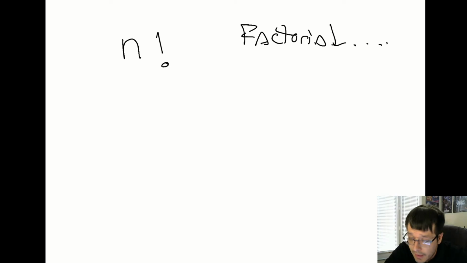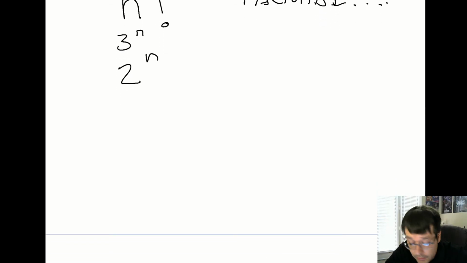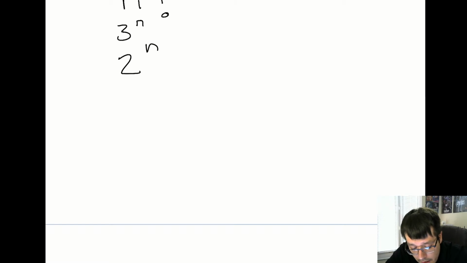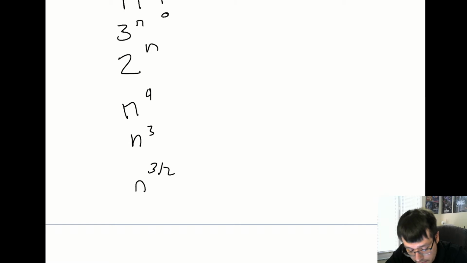So that's really bad. Then, of course, you have your exponential stuff, like 2 to the n, whatnot. And of course, within those, 3 to the n will be even slower, or a faster growth rate.